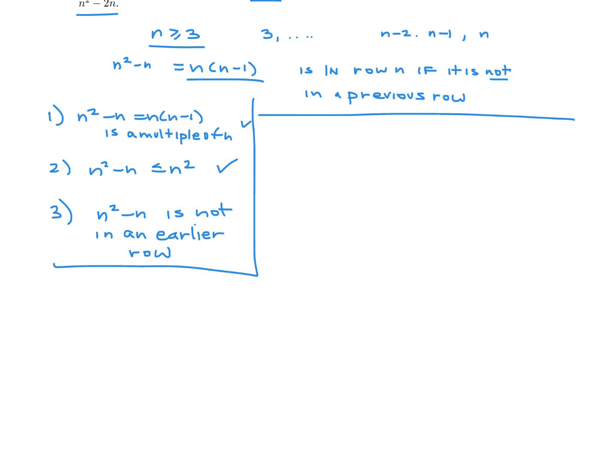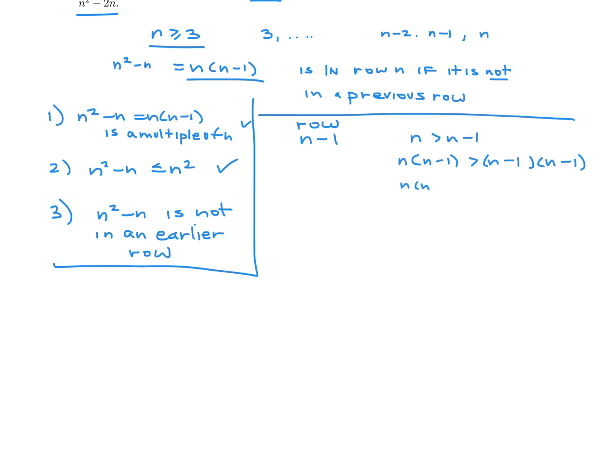Well, let's see here. The previous row, the very previous, is row n minus 1. Now, since n is greater than n minus 1, obviously, if I multiplied by n minus 1 on both sides here, then that inequality still holds.